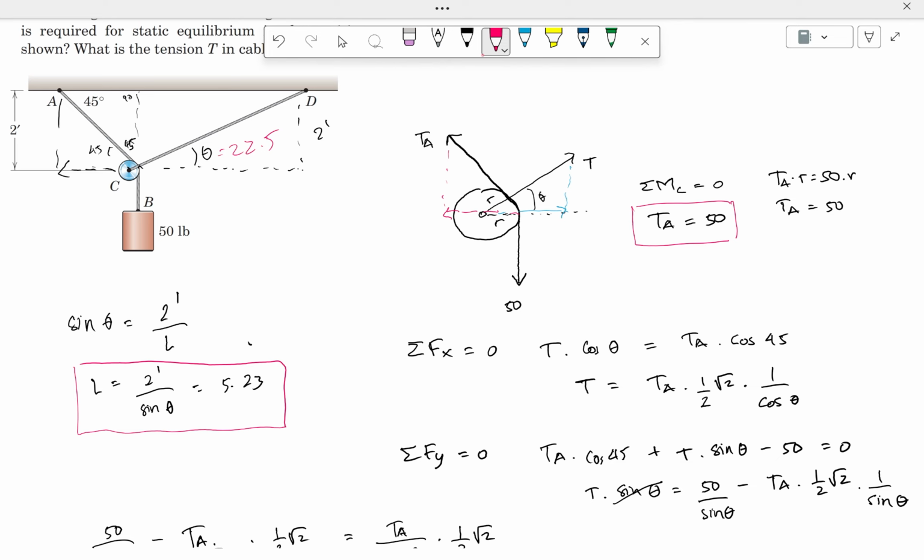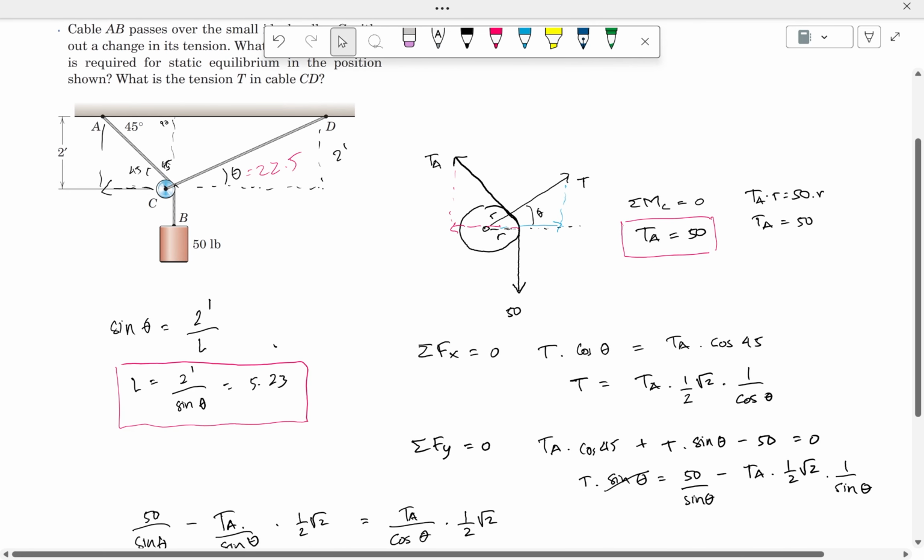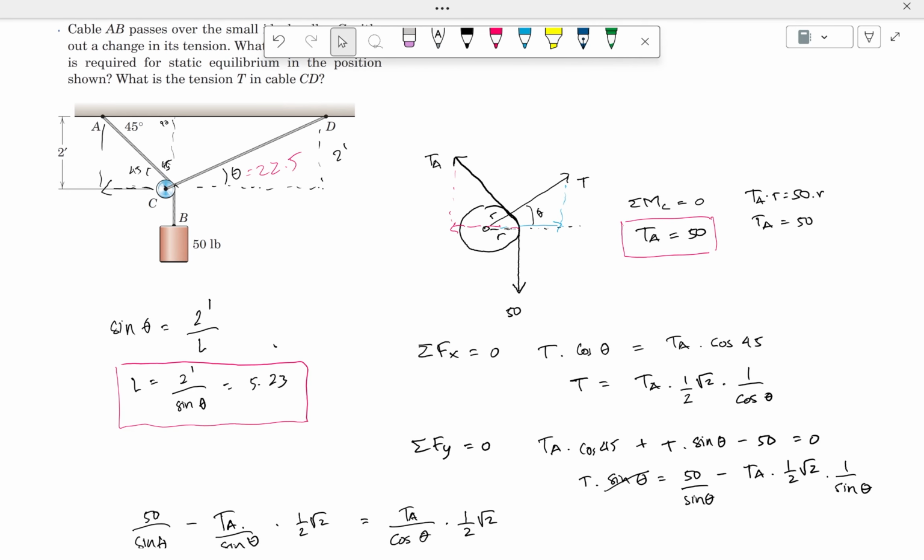So I think that's it for today. It's quite a challenging question actually, with a lot of calculations and geometry, but the idea is simple. Draw the free body diagram first, and then taking the moment, you get TA. Once you get the TA, you need to check equilibrium in other directions.